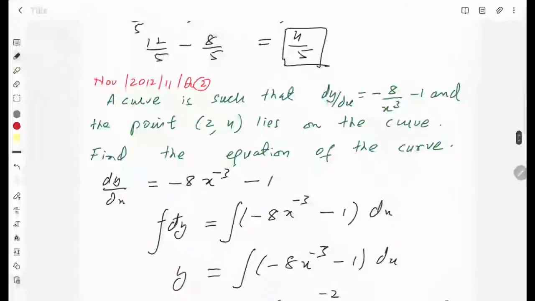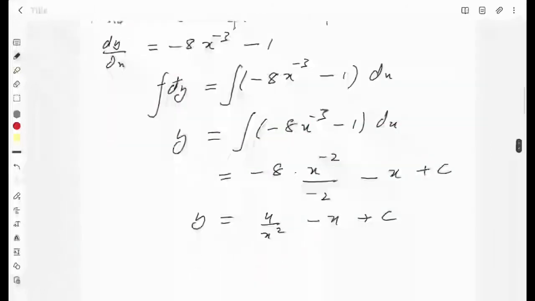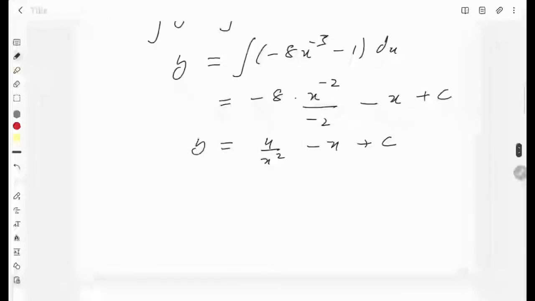Note that (2, 4) is the point given on the curve. So you will use this point to get the value of c. In place of y, you will write 4. In place of x, you will write 2. 2 square is 4.